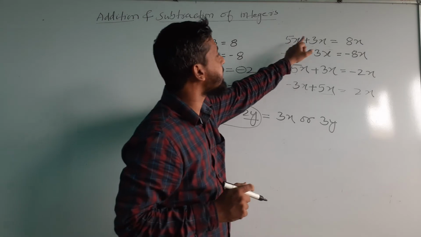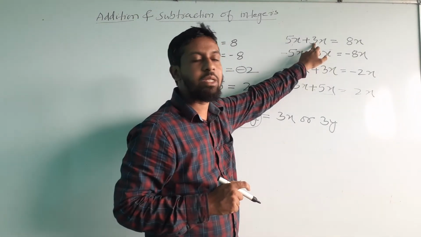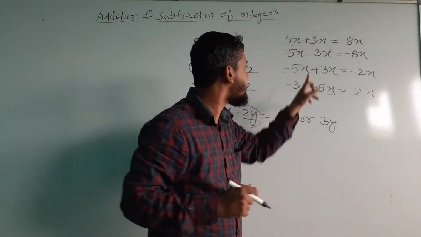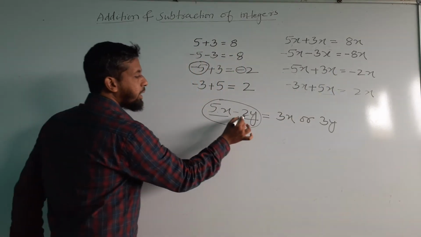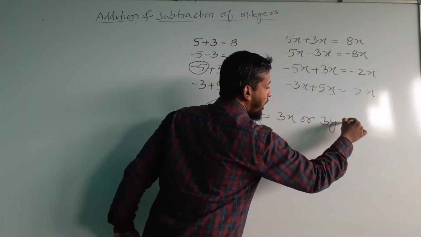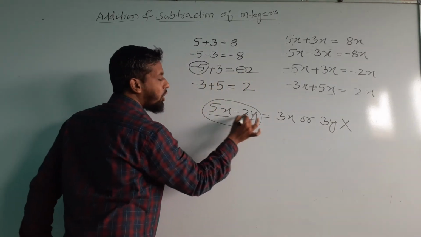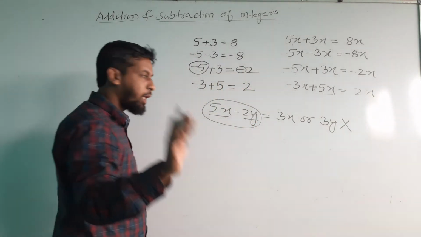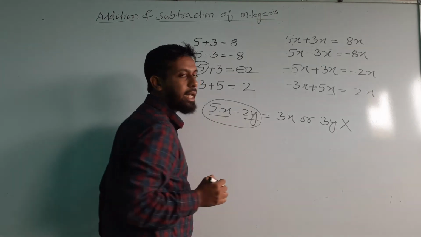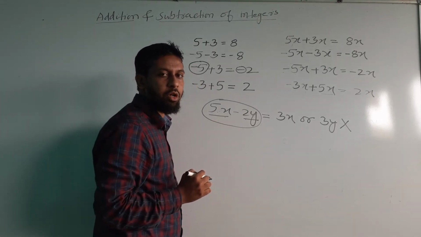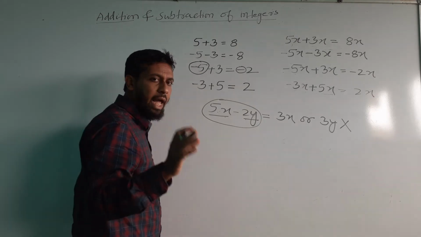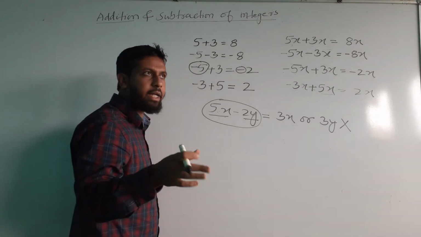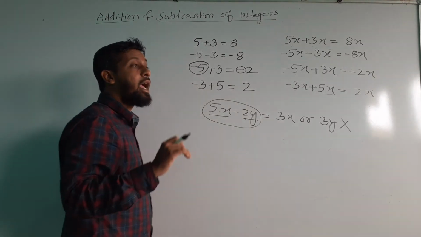See here, 5x, 3x, they are like terms. We can add, we can subtract also. But here, 5x minus 2y, it's wrong. We cannot add or subtract because they are unlike terms. Keep in mind. Only like terms can be added, can be subtracted.